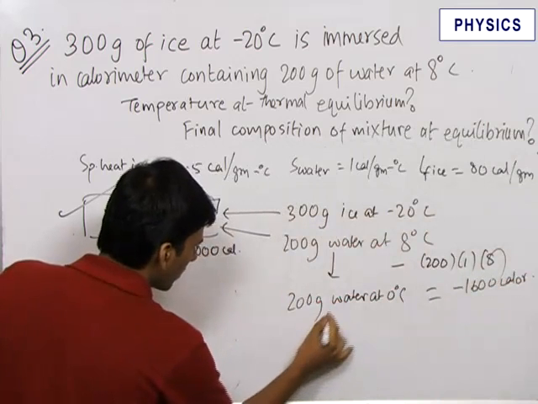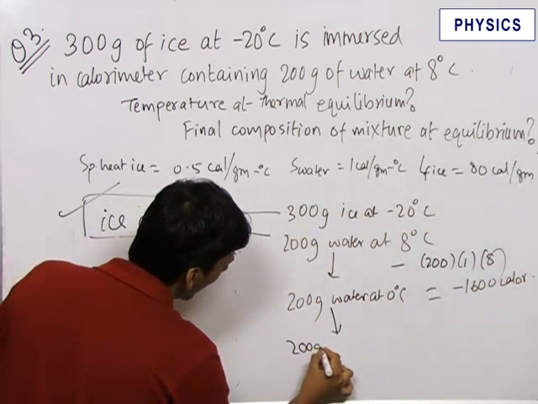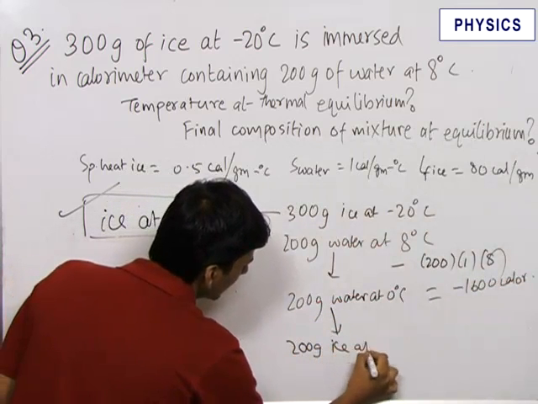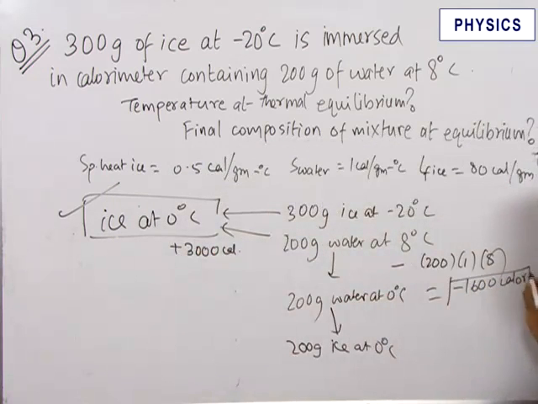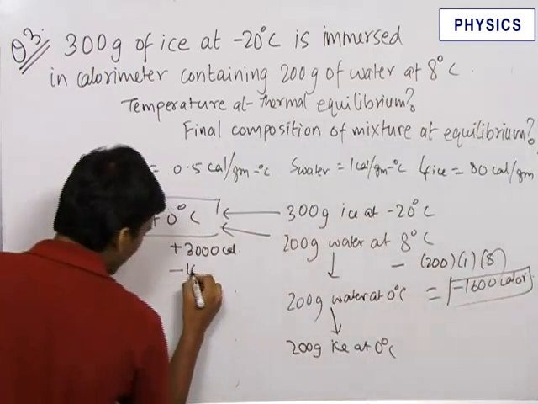Now we convert this to 200 gram of ice at 0 degrees Celsius. Again heat is released from the system, therefore heat given to the system, let us write this as minus 1600 already.